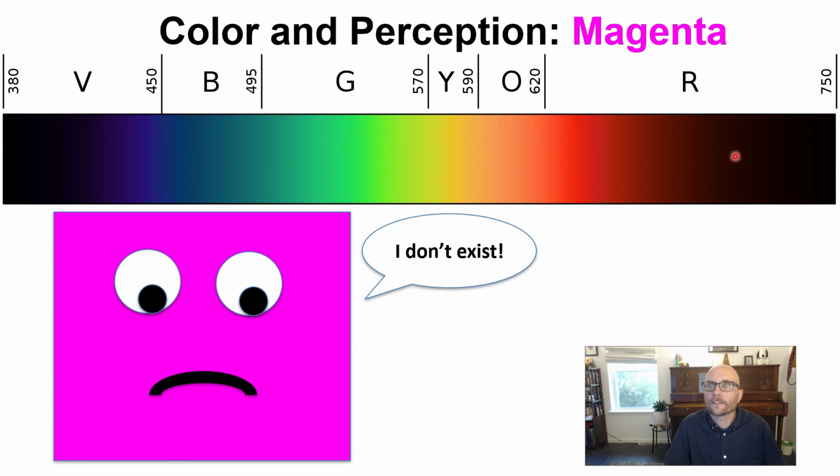The reason is that you're seeing a combination of red and violet, and your brain doesn't know how to process this. It doesn't know what to do with it. So it just turns it into magenta, although there is actually not a magenta there, right? Magenta doesn't exist. Your brain just doesn't know what to do with it. So we see a color that's not real. Seeing is not believing.